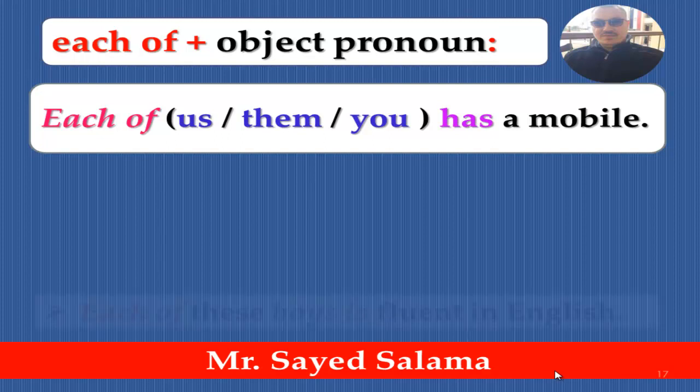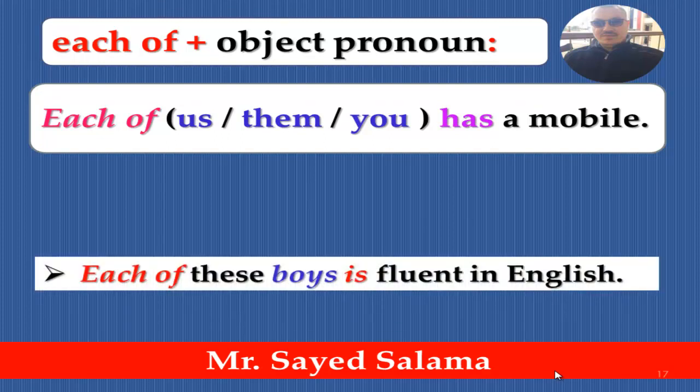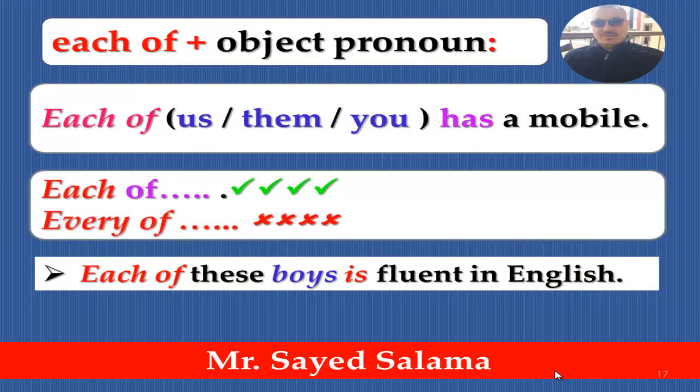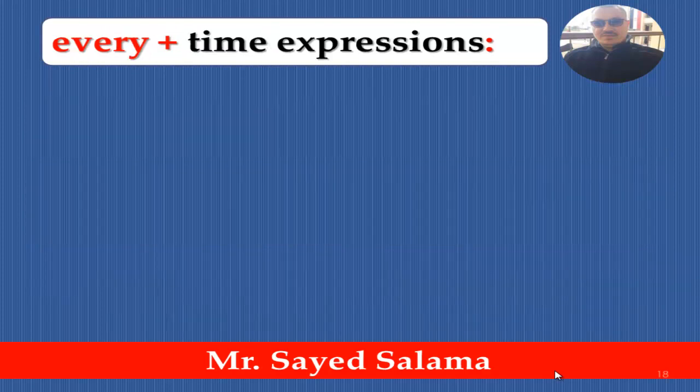The next. Each of these boys is fluent in English. So say and don't say. Say each of, don't say every of. Every can also be used with time expressions.